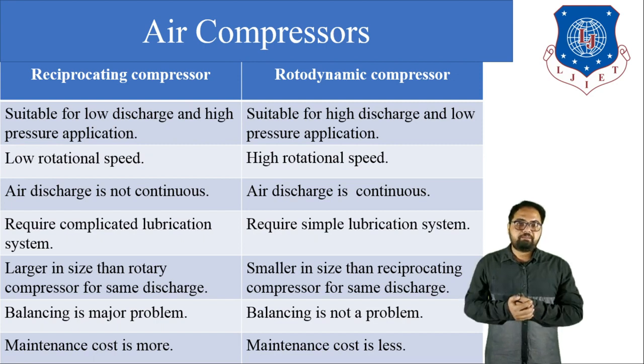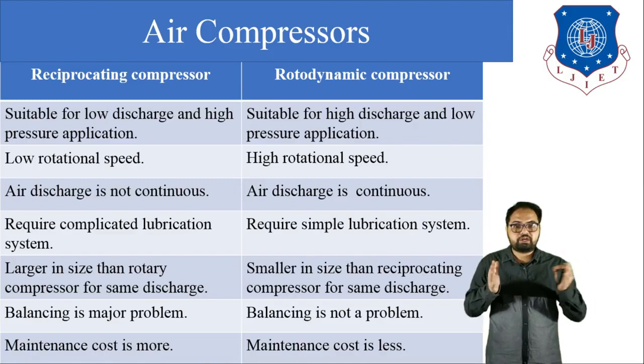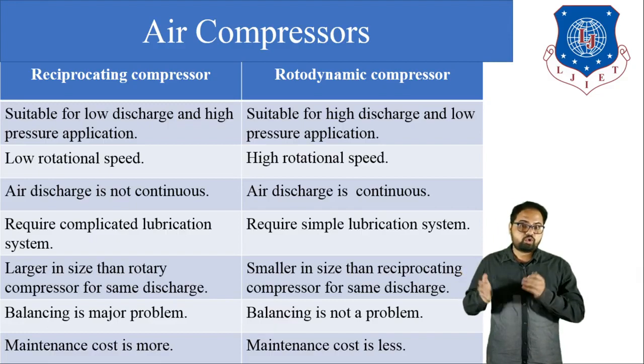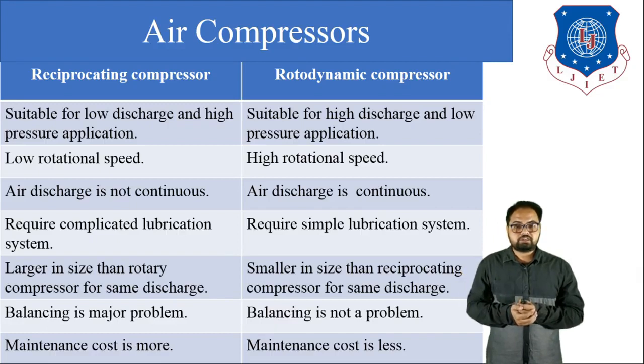In reciprocating air compressor there is a requirement of balancing, because the piston is reciprocating inside the cylinder. Due to that there is a problem of vibration, so balancing is required in case of reciprocating air compressor, but there is no requirement of balancing for the rotodynamic air compressor. And the maintenance cost of reciprocating air compressor is more. Maintenance cost of rotodynamic air compressor is less as compared to reciprocating air compressor.